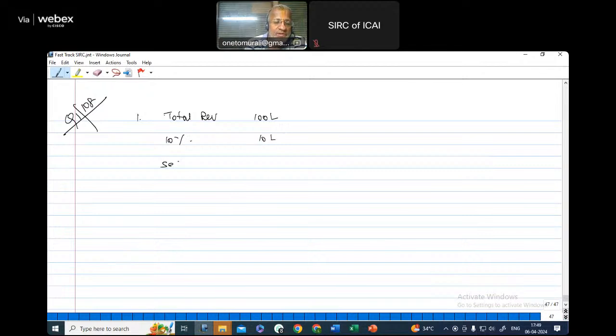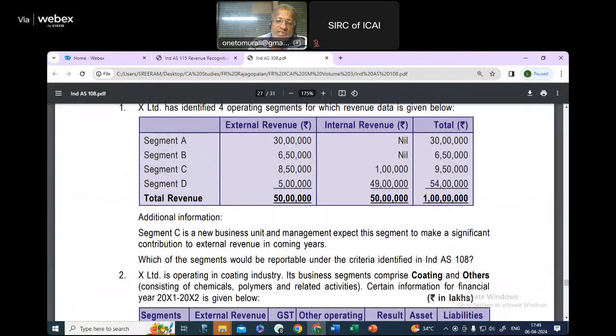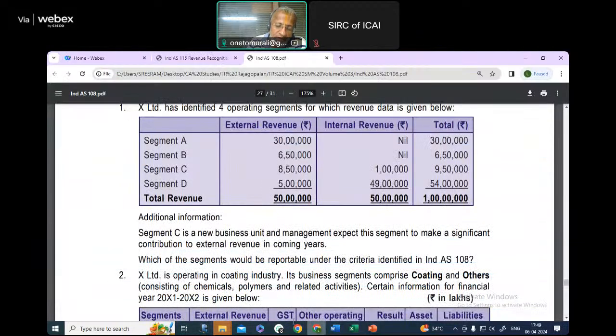So you have segments A, B, C and D. The total revenue of them given there is 36.5, 9.5 and 54.